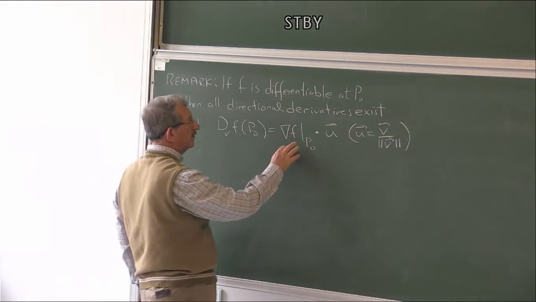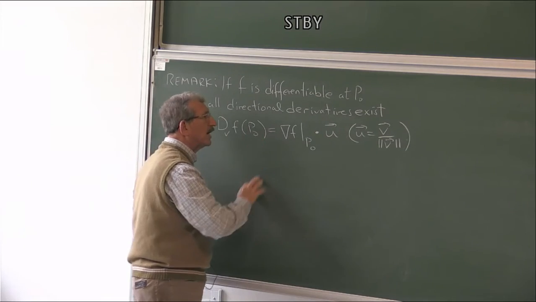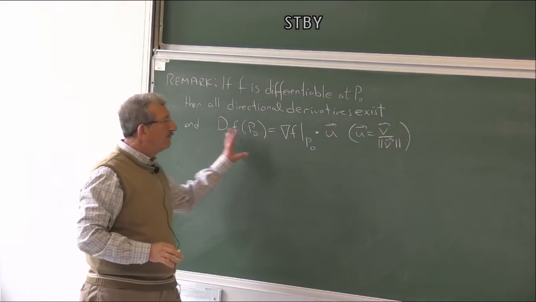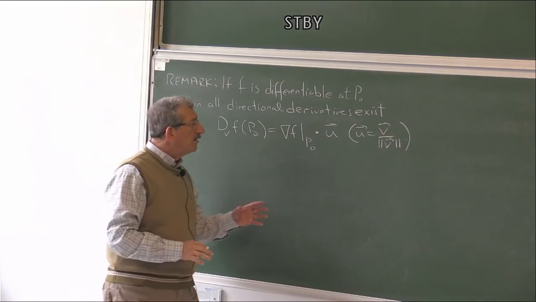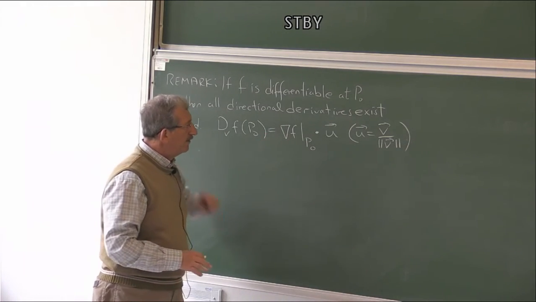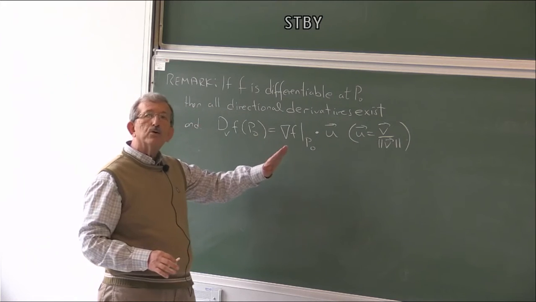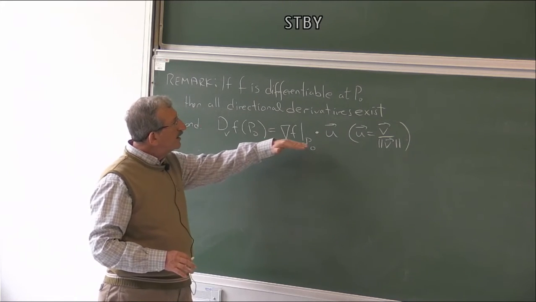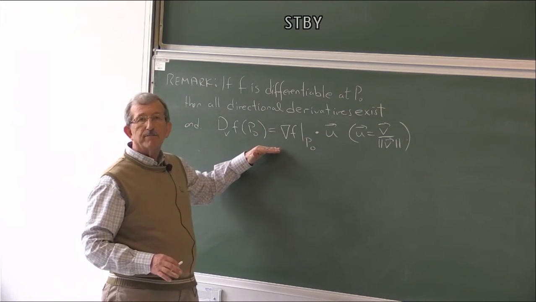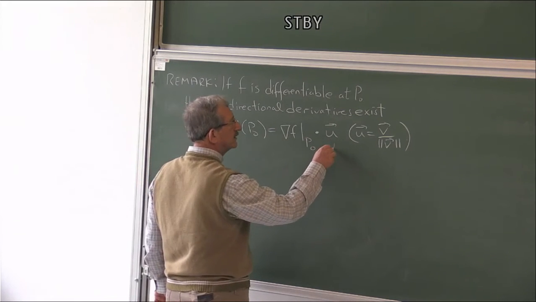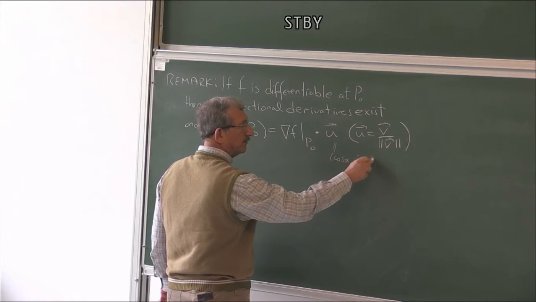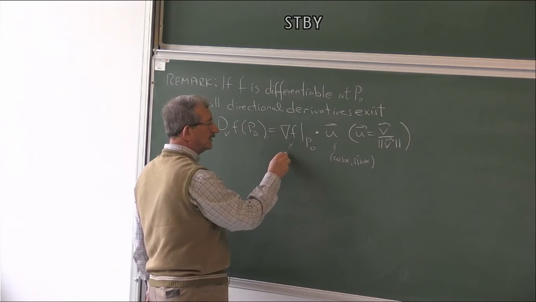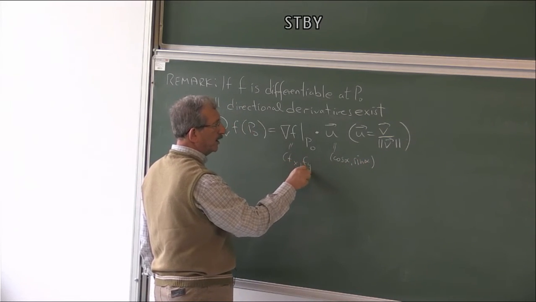Here, let me emphasize that even though it's given in vector form and is valid in higher dimensions, here, since our f is from R2 into R, we are taking these in the domain of f. So this is cosine alpha, sine alpha in the plane, and this is f sub x, f sub y at p.